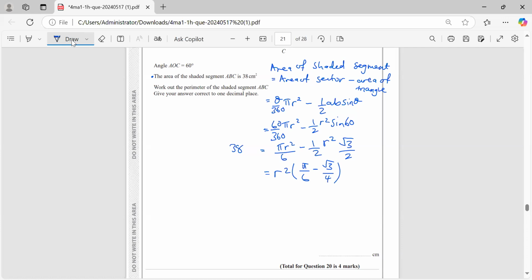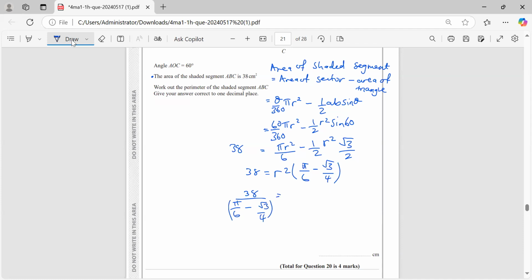And if I want to get the value of R, because this is equal to 38, that means R squared is going to be equal to 38 over, in brackets, pi over 6 minus root of 3 over 4.